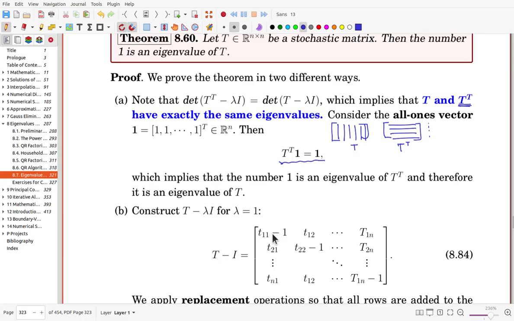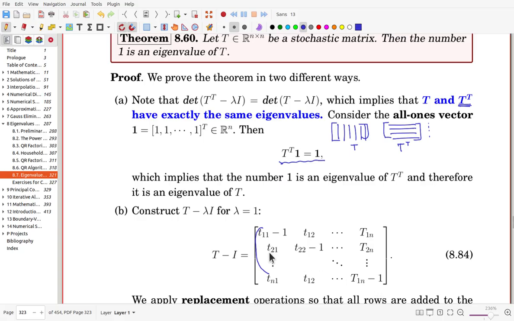Okay, let's do it in this way. Replacement: this row is added to the bottom. And again, second row, third row, every row from here to there, these rows are added to the bottom row. There are n-1 replacement operations. Each replacement does not change the determinant.